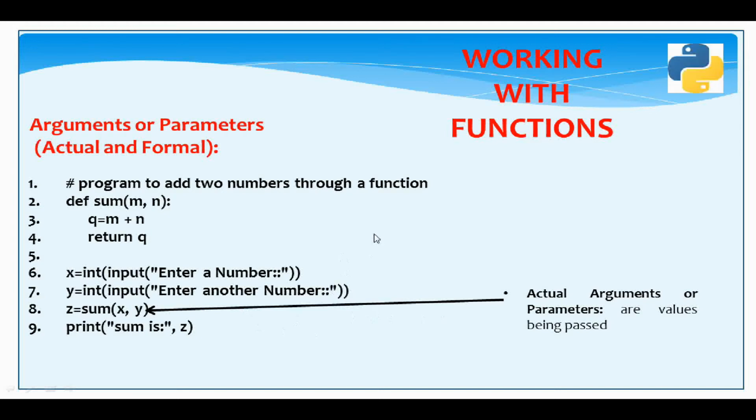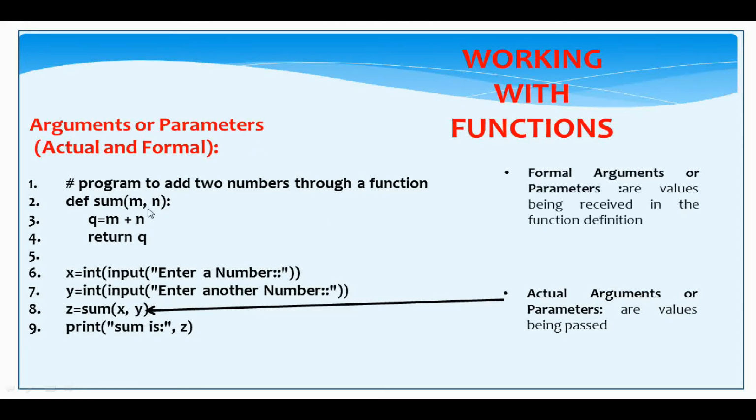That is why I am saying actual and formal terms are the ones now used. Actual is used for those parameters or arguments which are being passed at the time of function call. For example, x and y will be known as actual arguments, and m and n, which are receiving the values in the function header, are known as formal arguments.